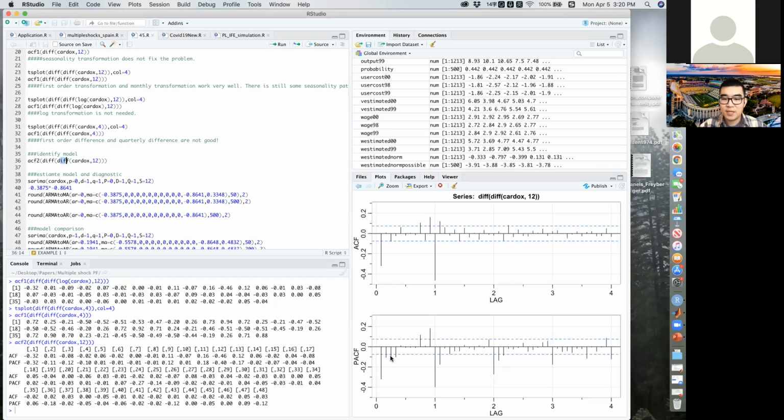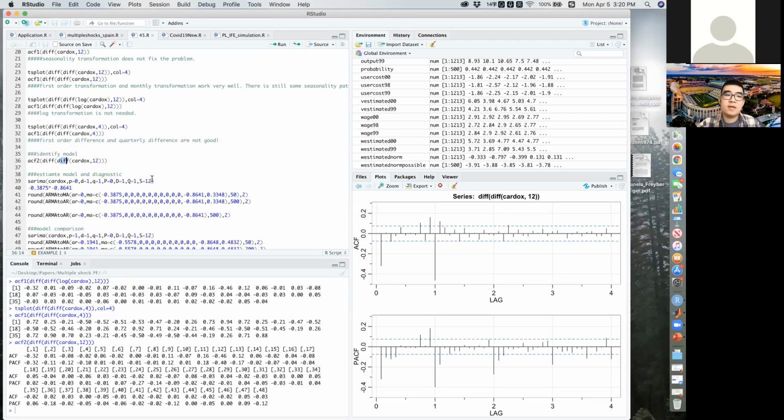But anyway, for the PACF plot, it seems that it tails off every 12 lags. But for the ACF plot, it just cuts off after lag number 12.